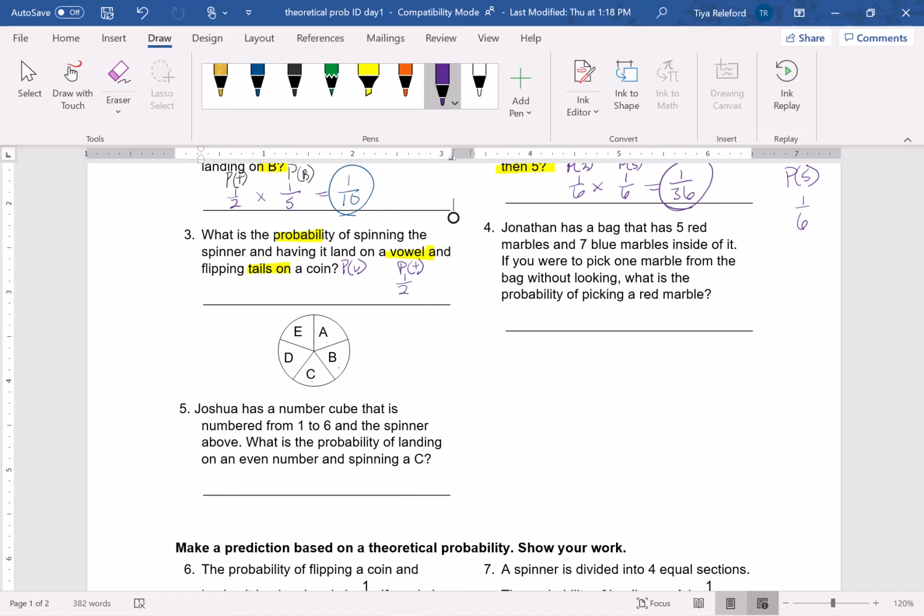Now vowels are A, E, I, O, and U. So I have 1, 2, out of 1, 2, 3, 4, 5. So probability of a vowel is 2 out of 5. Now you're going to multiply 1 times 2, 5 times 2, and then you're going to simplify.